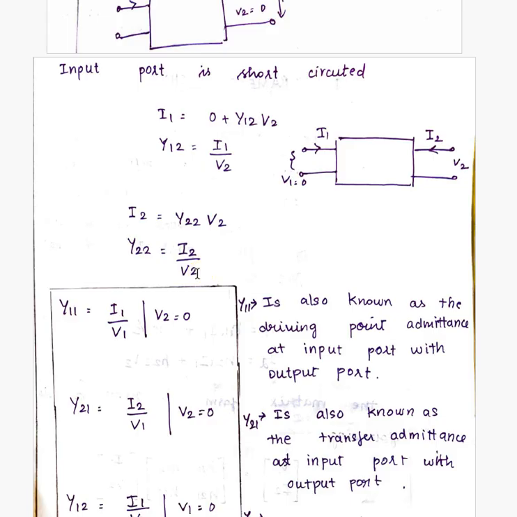The same procedure will be repeated for the impedance. For the impedance, we make the input port and output port open circuited. For the admittance, it will be short circuited. Based on that, we substitute the values in the two equations and then find out the parameter values.